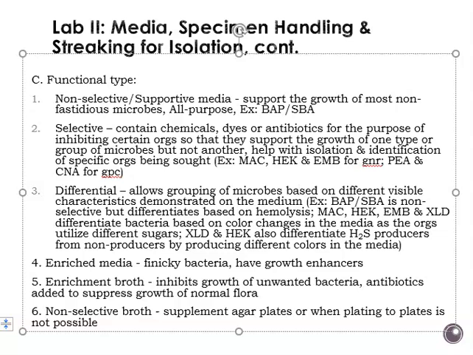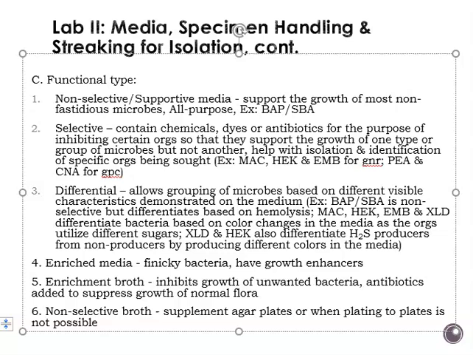So all of those that I just mentioned are selective for gram-negative rods, but they are differential based on sugar utilization. XLD and Hektoen also differentiate by hydrogen sulfide production. So some organisms are able to produce hydrogen sulfide. So those XLD and Hektoen can differentiate hydrogen sulfide producers from non-producers by showing as a different color on the media.